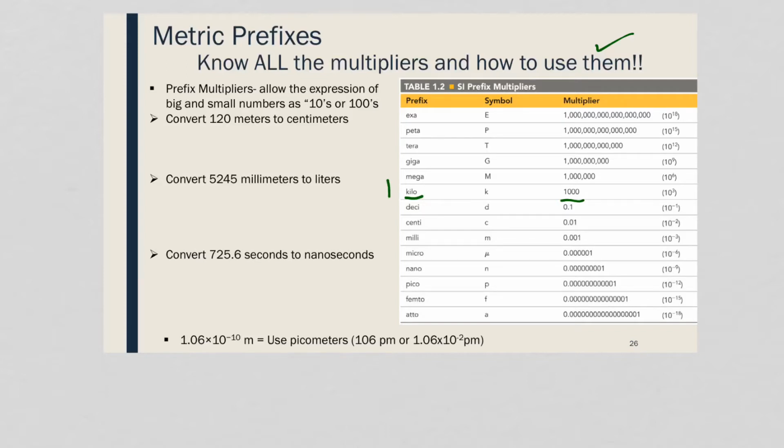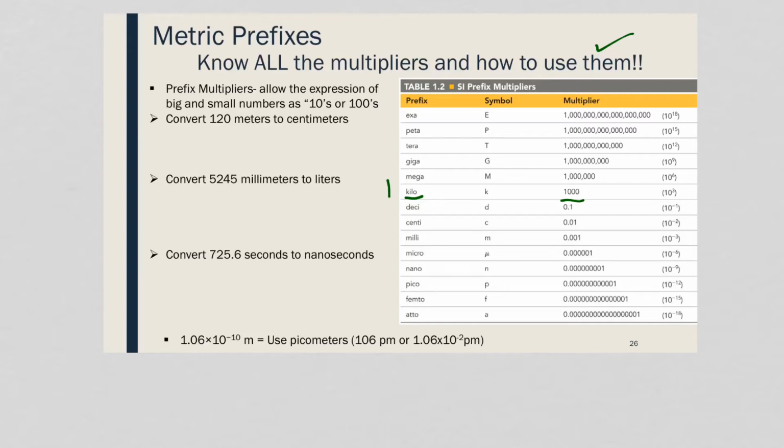So for example, as I said, 1 kilometer equals 1,000 or 10 to the third meters of unprefixed, or 1 microgram equals 1 times 10 to the minus 6th grams, or a millionth of a gram. And so that's how we read the table.